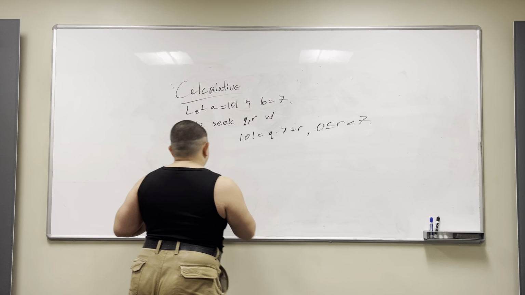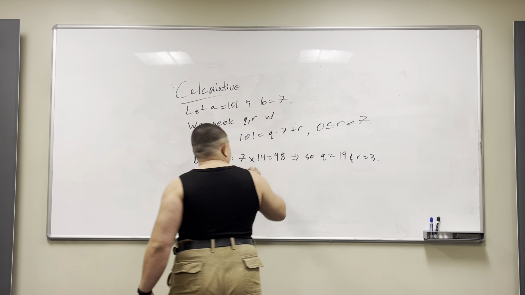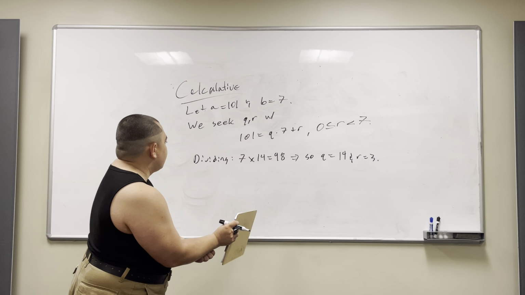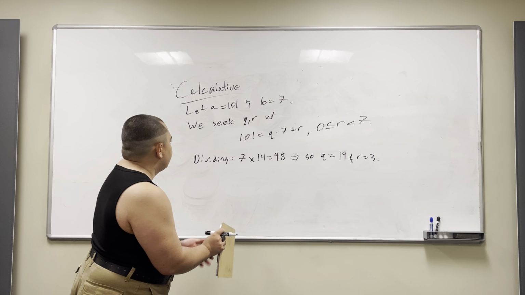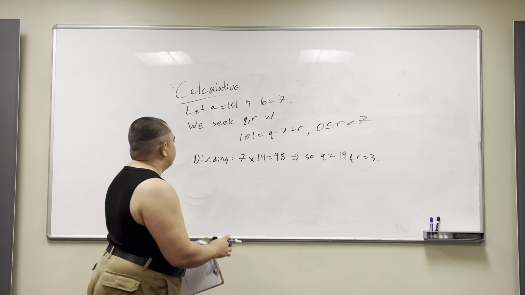So q is equal to 14, and r is equal to 3. It's the closest one you can get to that. So 101 is equal to 14 times 7 plus 3.